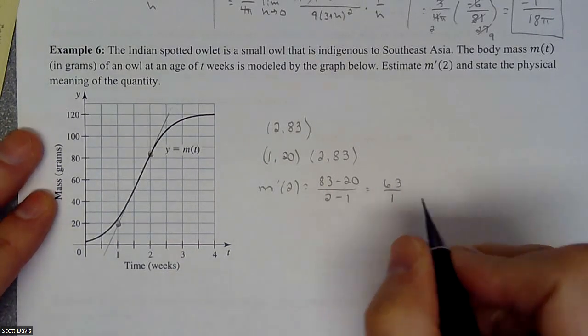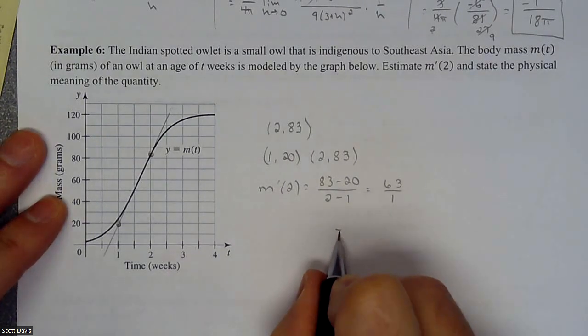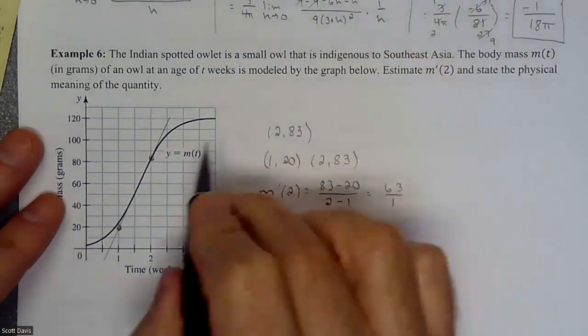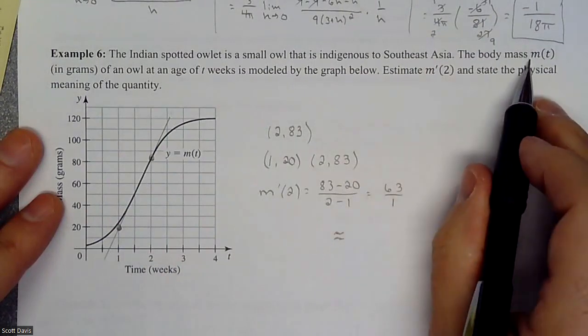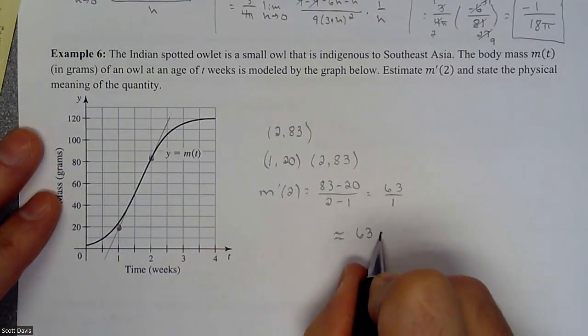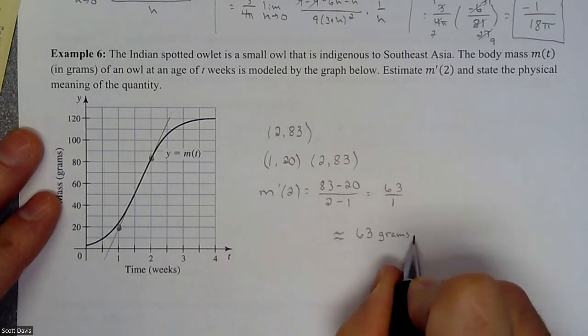So let's make sense out of that. All right, so that is roughly, because it's not perfect, that if we put this thing into words, we're talking about the slope of the body mass. So it is 63 grams per week.